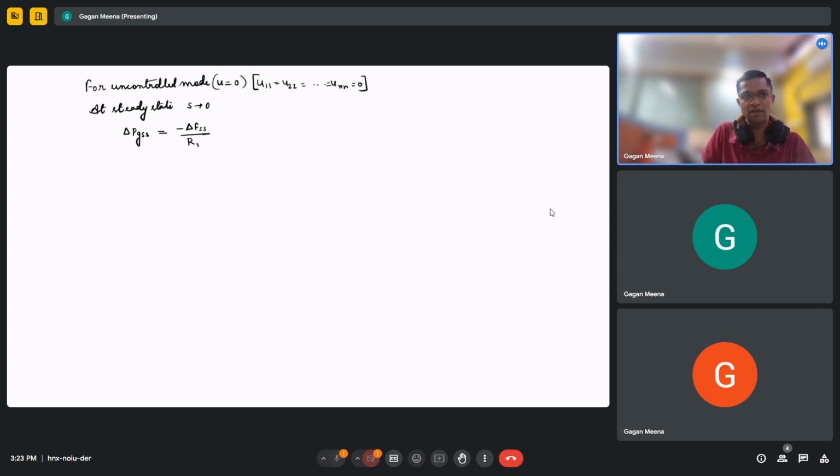So here delta PG1 steady state is the same as for a single unit.